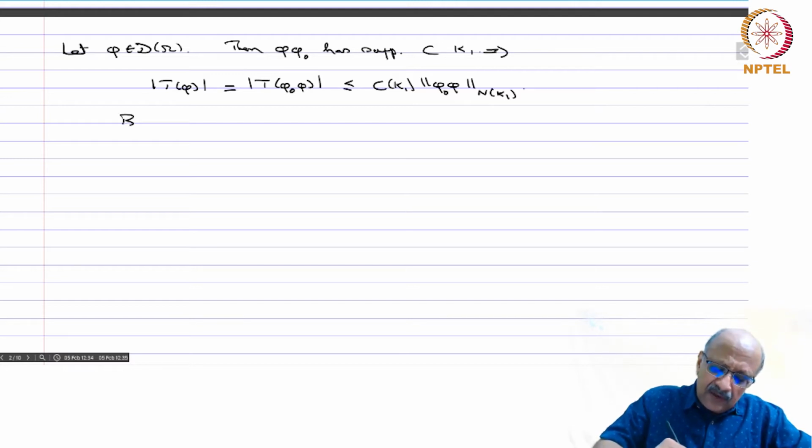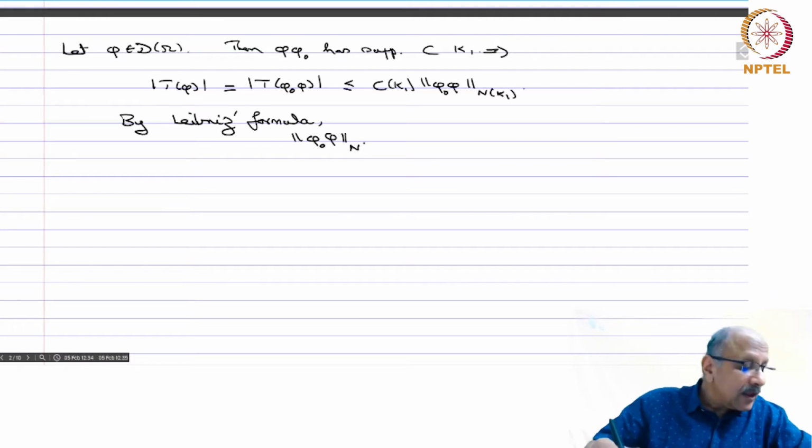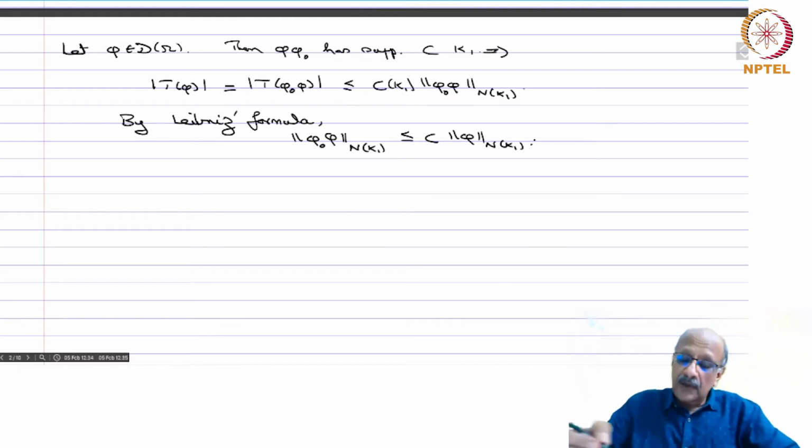But by the Leibniz formula, the norm of φ_0 φ in K1 is less than or equal to some constant times the norm of φ in N_{K1}.